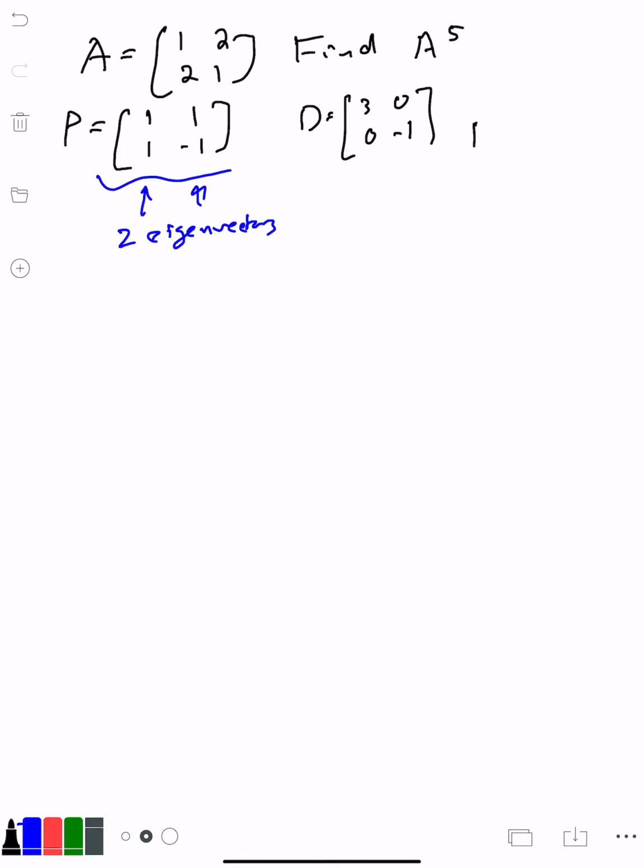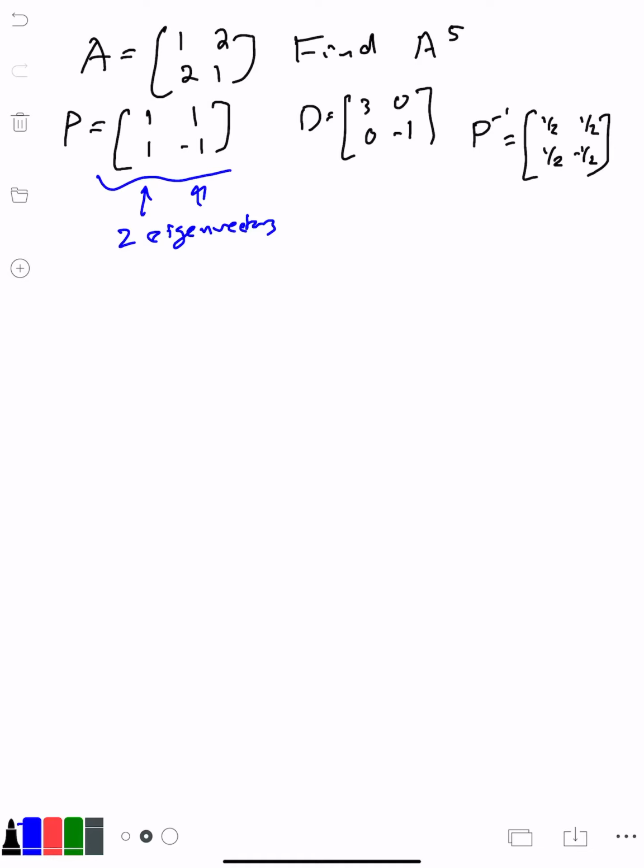The last thing we need is P inverse, which you can put into your calculator, or you can do your 2x2 trick here. The determinant is -2, so you divide by that. So it becomes [1/2, 1/2; 1/2, -1/2]. That should be your inverse matrix here.